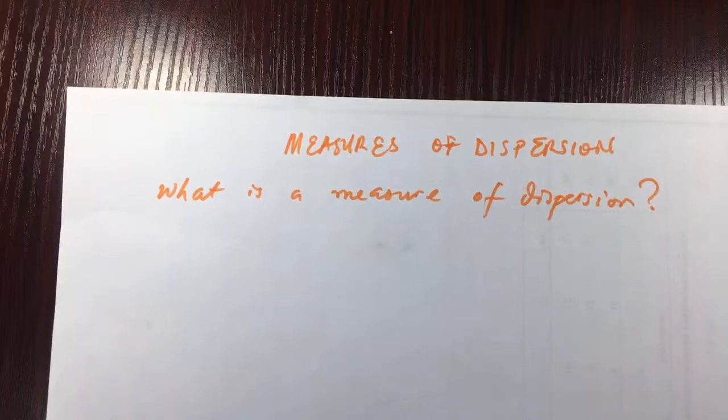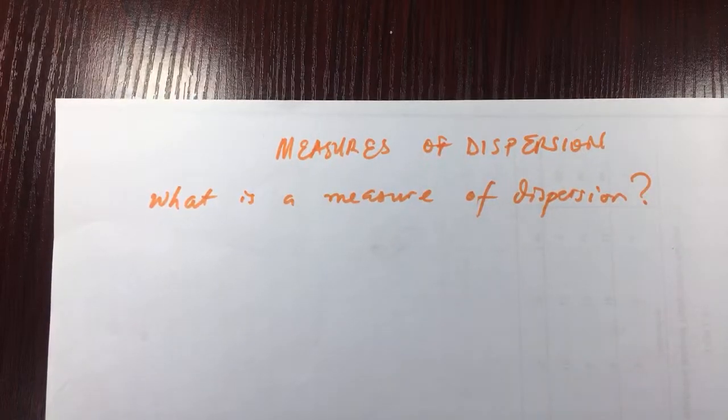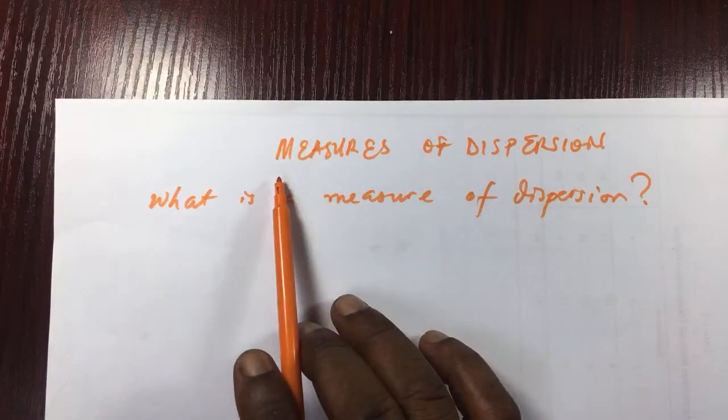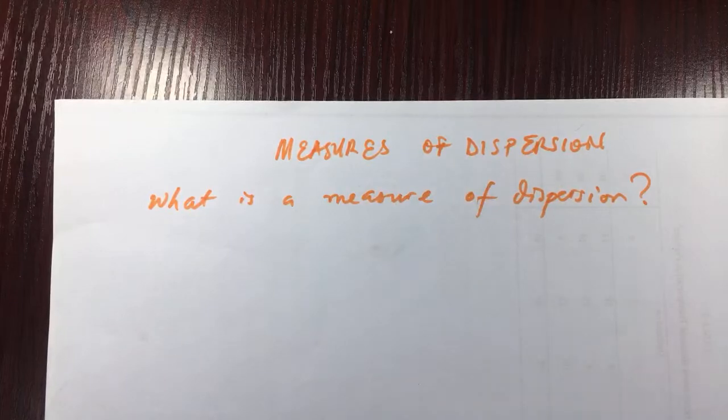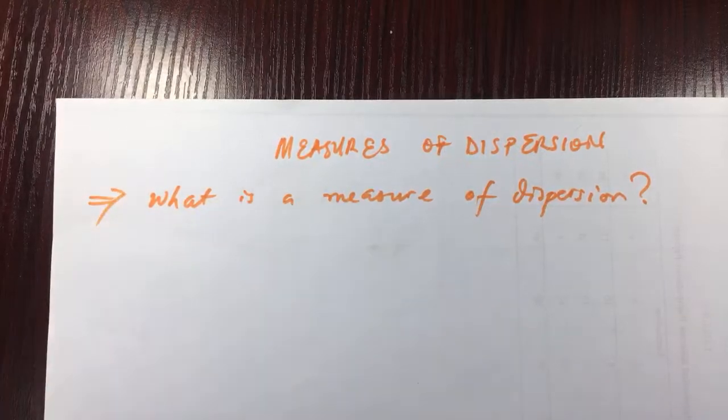Welcome to the class. Okay, so in this live class, our attention shall be on this topic in statistics, measures of dispersion. Now, we will start with objective number 1 under this topic. What is objective number 1, everybody? Objective number 1 is to answer the question, what is a measure of dispersion?